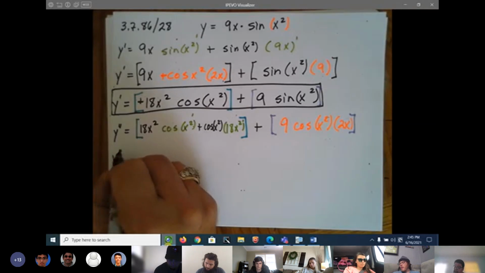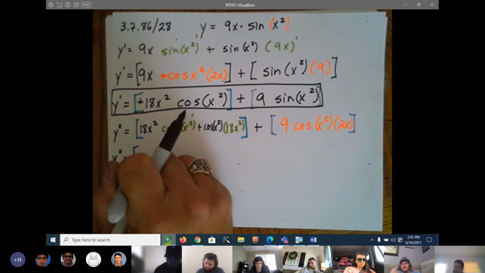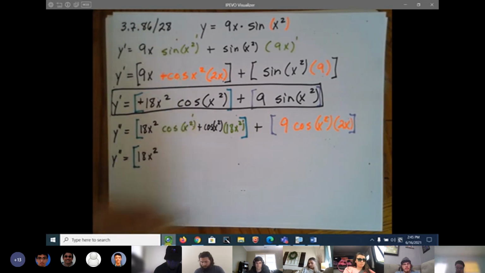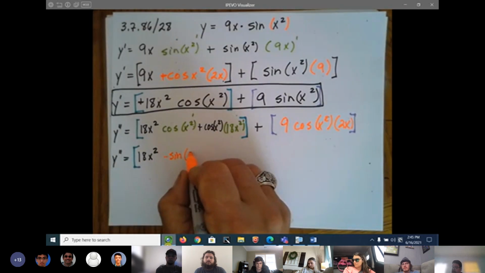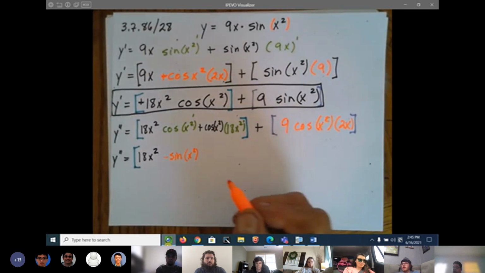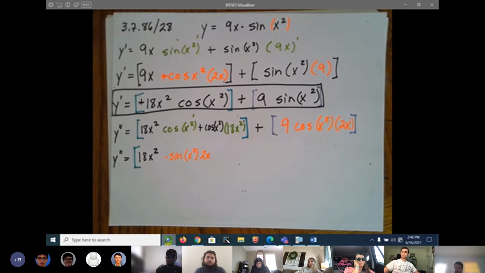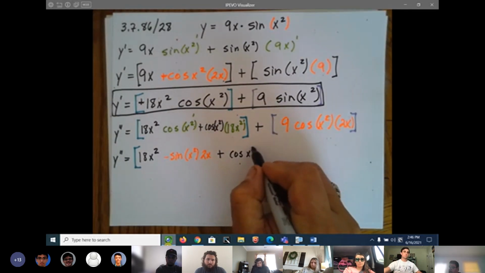And y double prime is equal to brackets 18x squared. The derivative of the cosine is the negative sine of x squared. And what is the derivative of x squared? 2x, Hubert. Plus cosine of x squared.